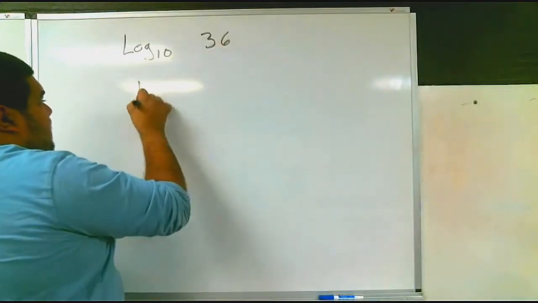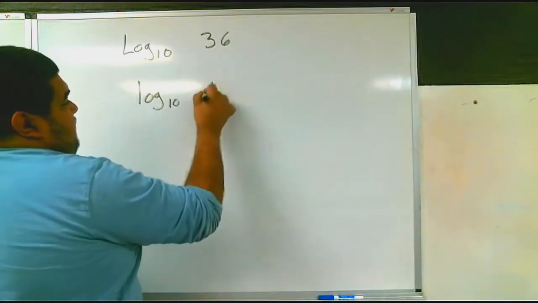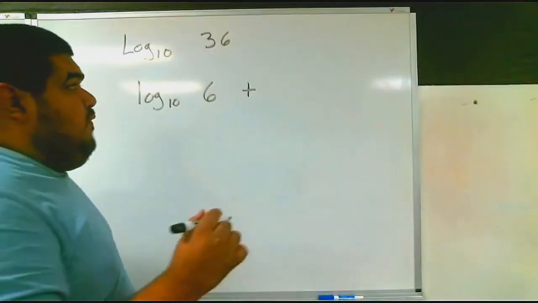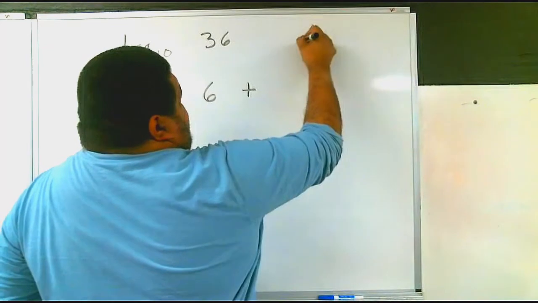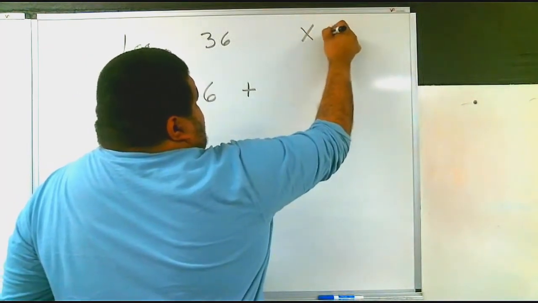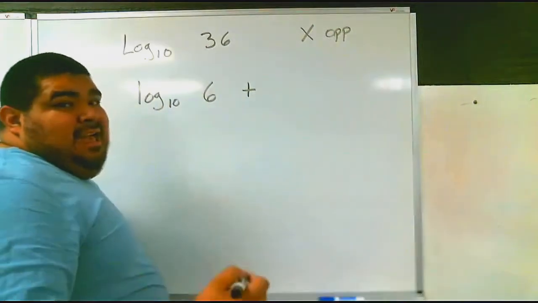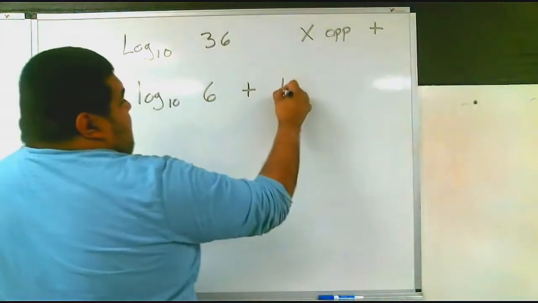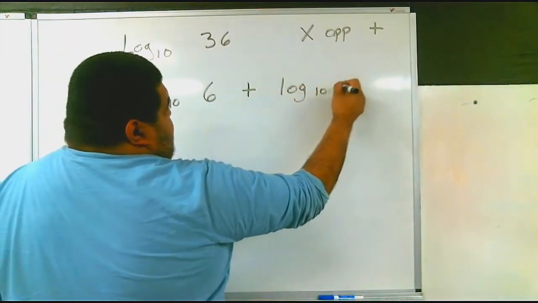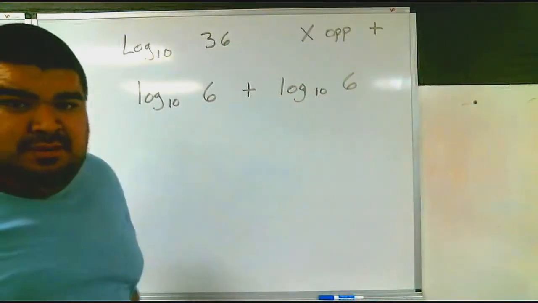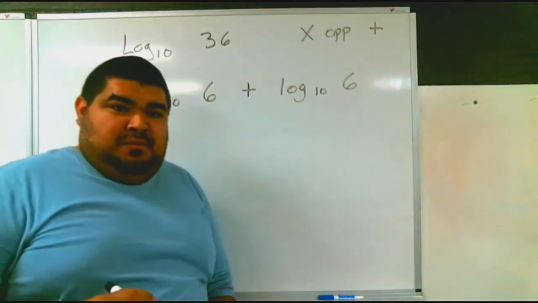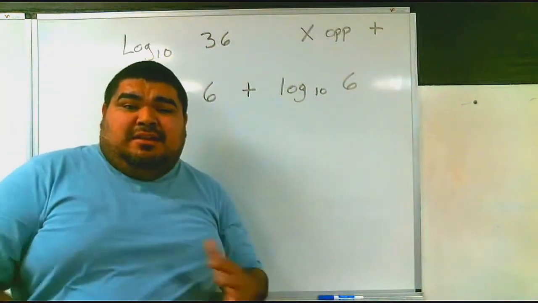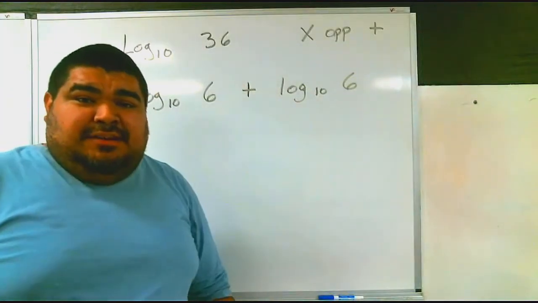So we can say log base 10 of 6 plus log base 10 of 6. That is the rule. When you're breaking down two numbers that are multiplying, the opposite of multiplication is adding.